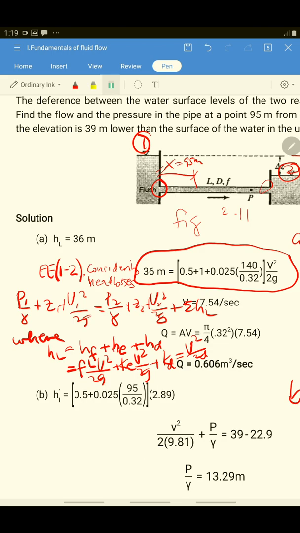The head loss at the discharge is K D, that is the coefficient of discharge, times V squared over 2G.